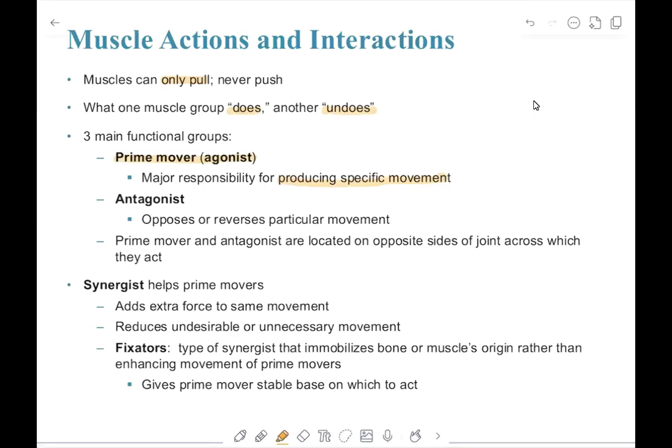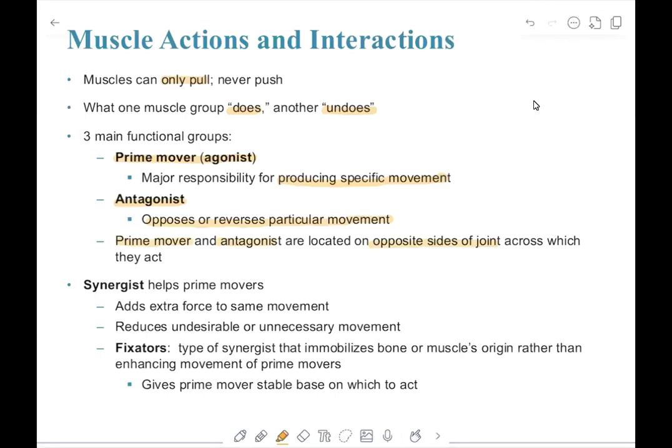The muscle that opposes it is called the antagonist, and it opposes or reverses the particular movement. So the prime mover and the antagonist are located on opposite sides of a joint across which they act.